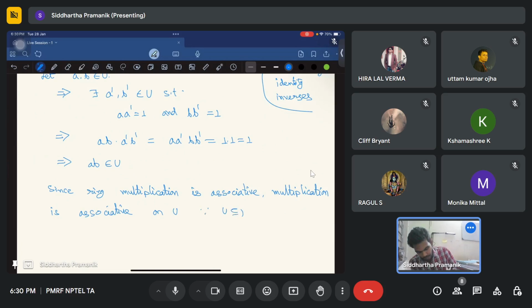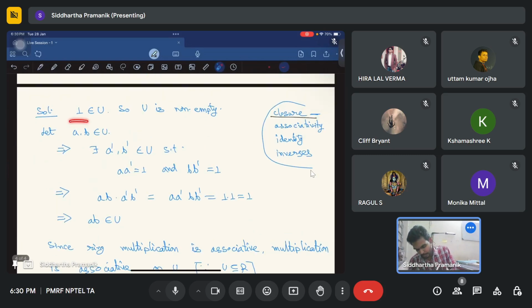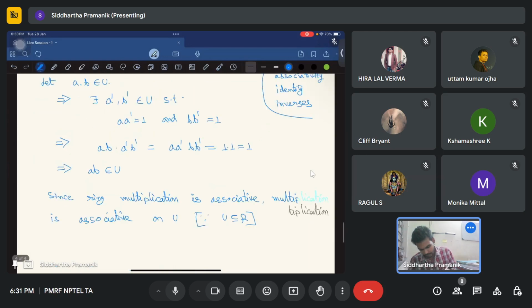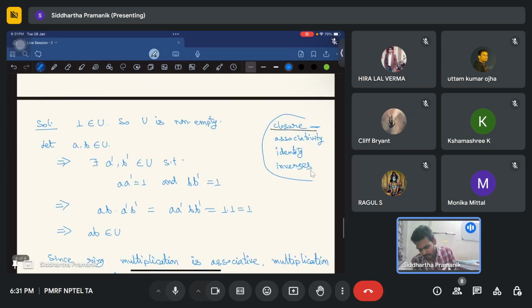Because U is a subset of R. And we have identity element 1. You can check, it's very trivial. And 1 belongs to U and is the identity element for the group. And obviously inverse element also exists by definition because these elements are units.